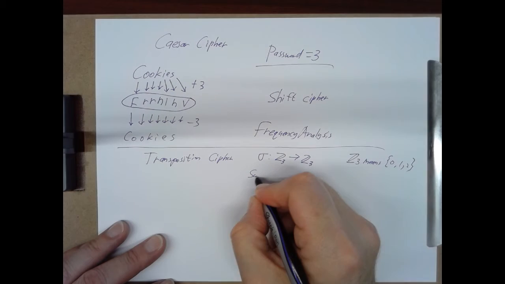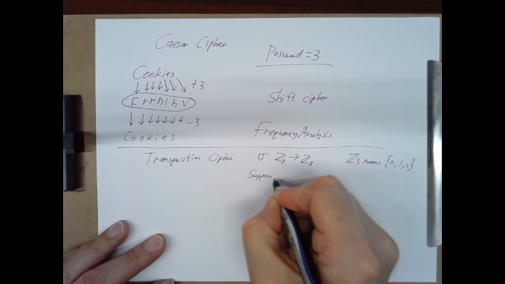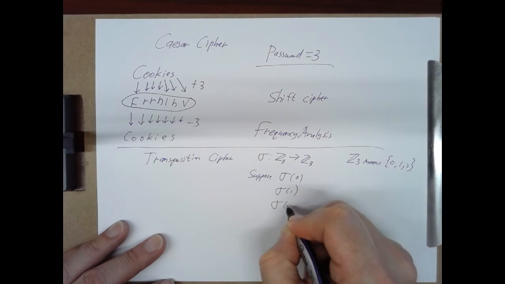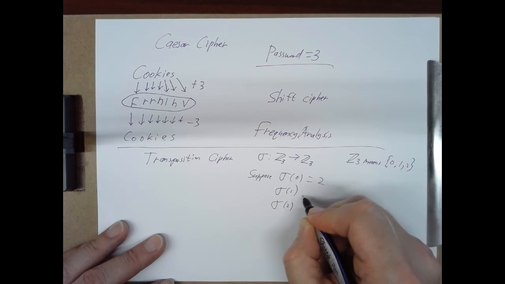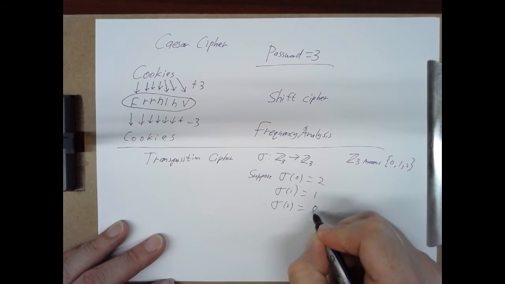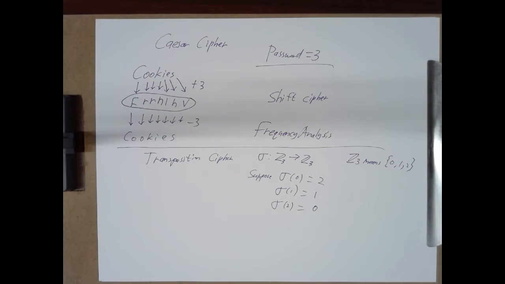And suppose sigma looks like this. So it takes 0 to 2, it takes 1 to 1, and it takes 2 to 0. And you want this to be a bijective map. So here's what we do.